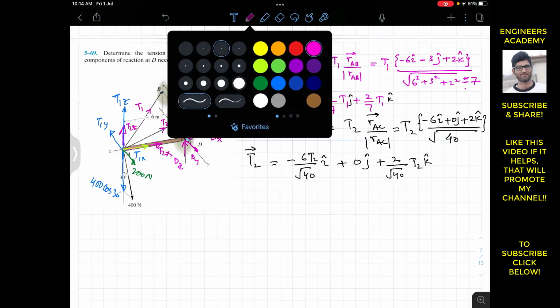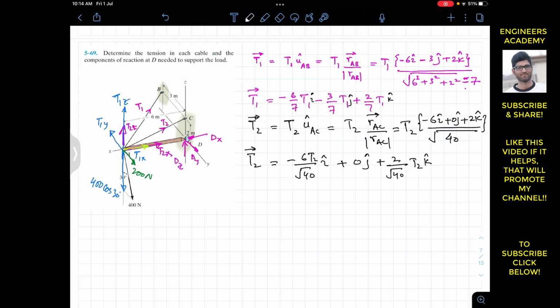So now let's find the moment. The summation of moment about the z-axis will be equal to 0. Further, T2x is intersecting with the z-axis, and T2z is parallel with the z-axis. So from this we can say that T2 is not going to produce the moment about the z-axis.